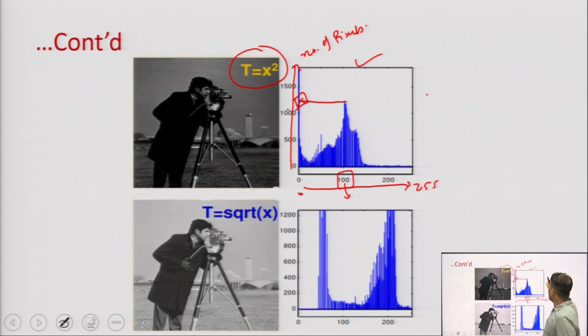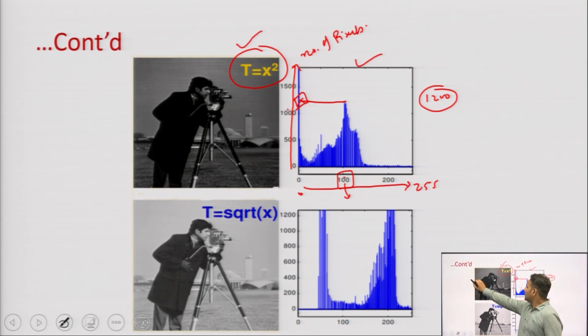Around 1200 pixels are holding the value of 100. That is the meaning of the histogram. If we choose that kind of nonlinear equation, then your image will become like this. The enhanced version looks like this.